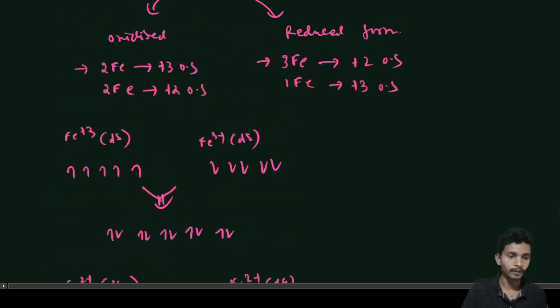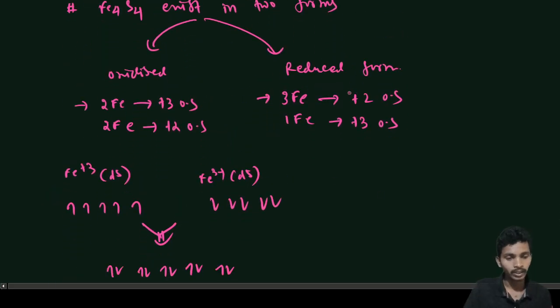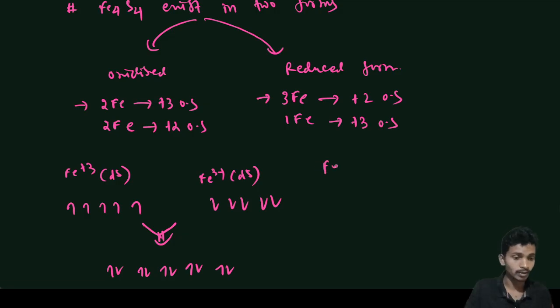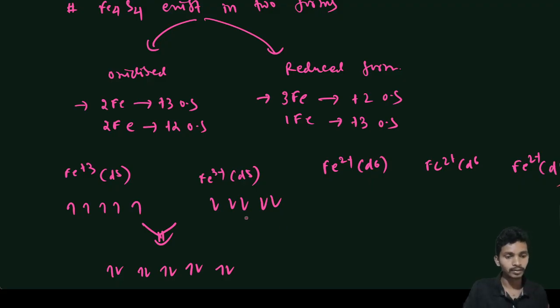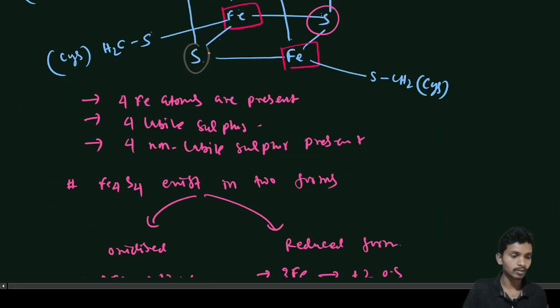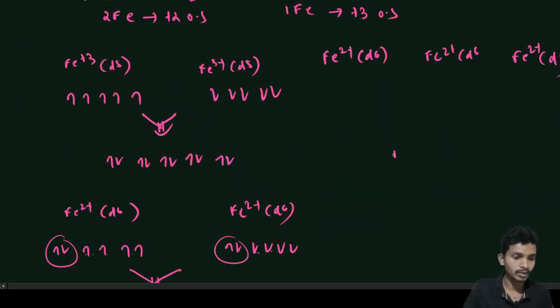Okay, and in the case of this reduced form, 3 Fe are in +2 oxidation state. So let's say Fe2+, that is d6, another Fe2+, that is again d6, another Fe2+, that is again d6. Okay, and another is in +3 oxidation state, so another is Fe3+, that is d5.